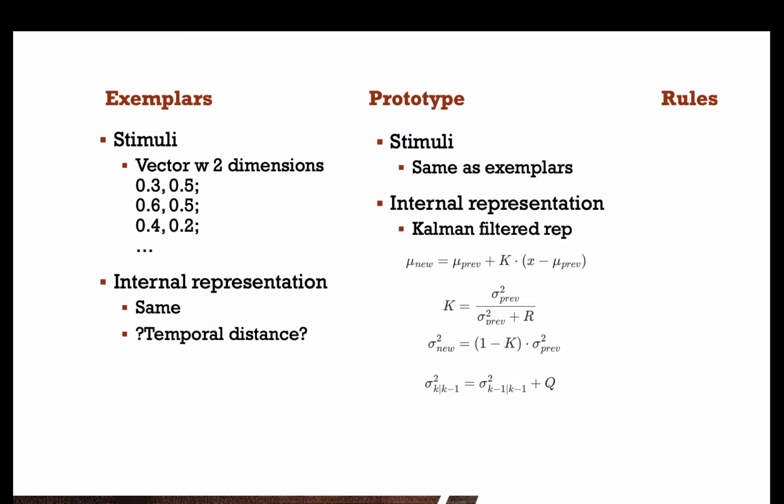But over time, you might see that it's true 3 times and false 2. And so that's going to give you a way of graduating how likely this rule is.